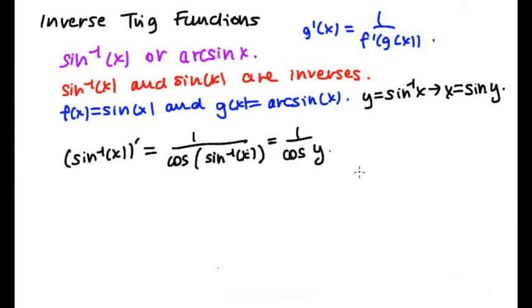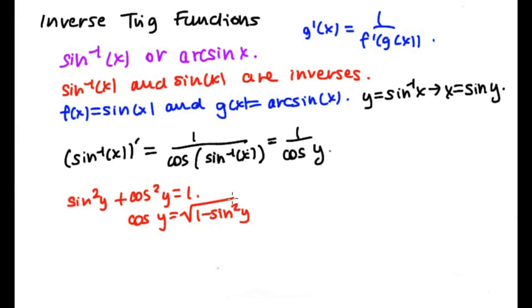And what is cosine y? Well, the Pythagorean identity tells us that sine squared of anything plus cosine squared of anything is equal to 1. So if we solve for cosine y, we get the square root of 1 minus sine squared of y. When we substitute that, we get 1 over the square root of 1 minus sine squared of y.